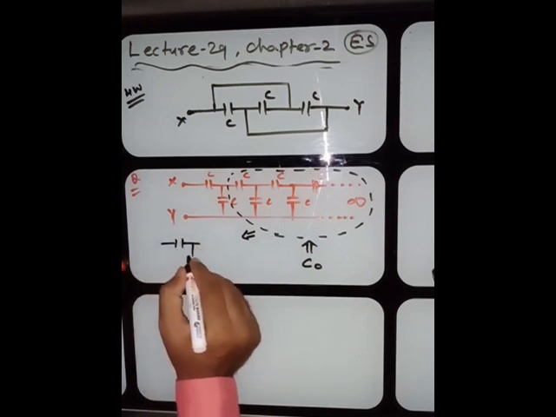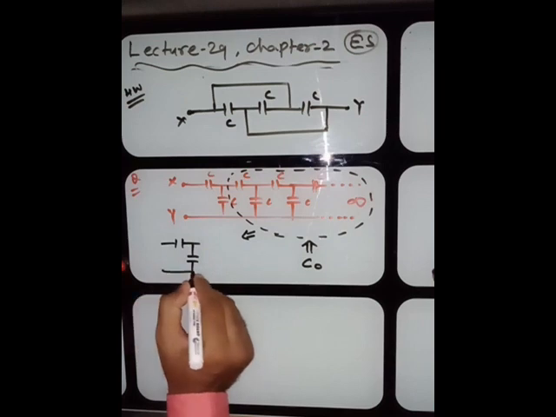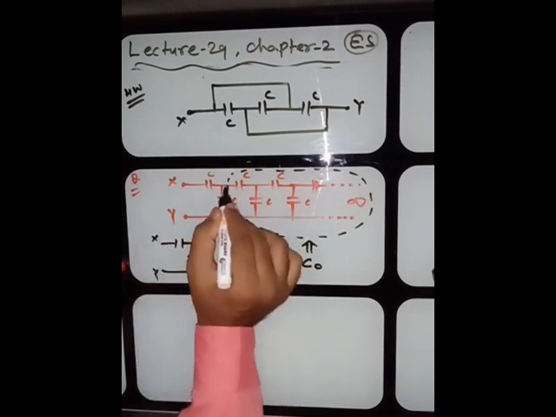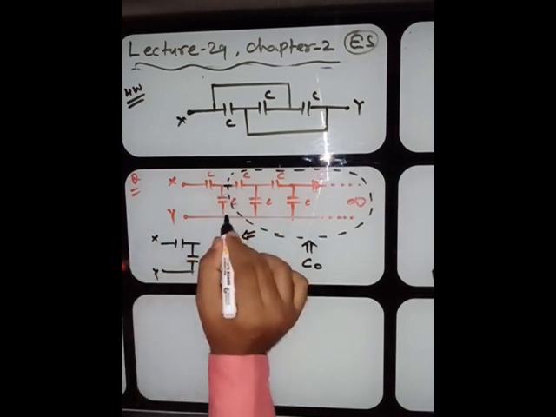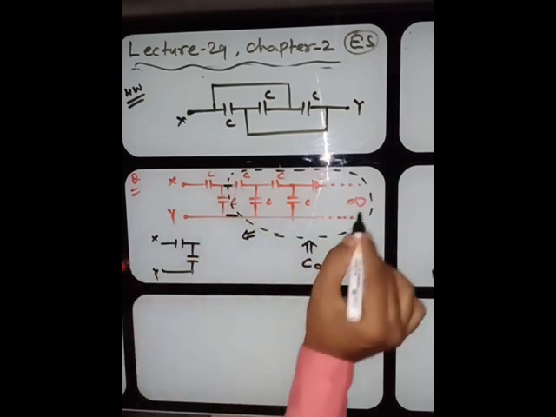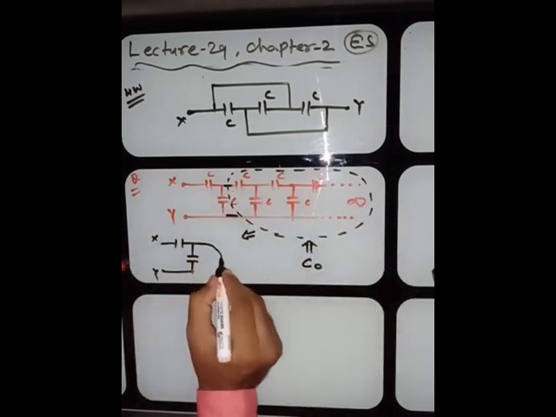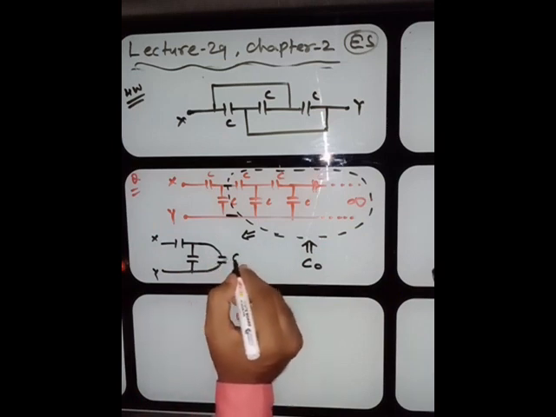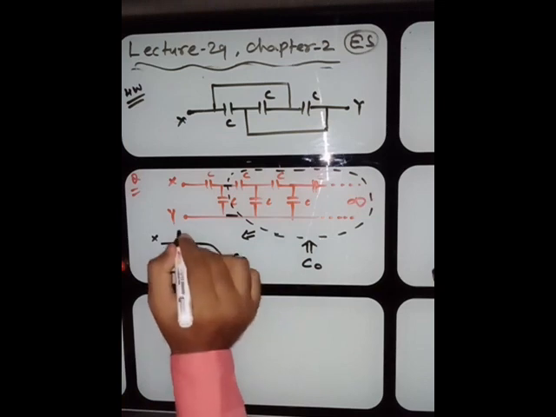This is the capacitor here, X and Y. From here and from here, we got all this value as C naught. So connect a capacitor, this one as C naught, and this is C and this is C.